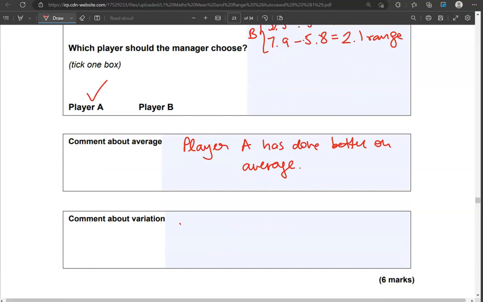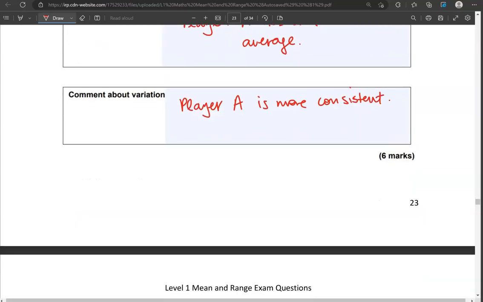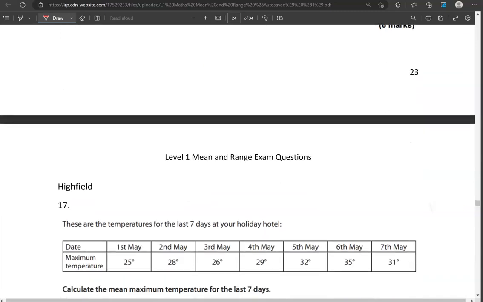Comment about variation, we're going to say player A is more consistent. This is generally a skill that you develop at level 2 in terms of making comments about averages.